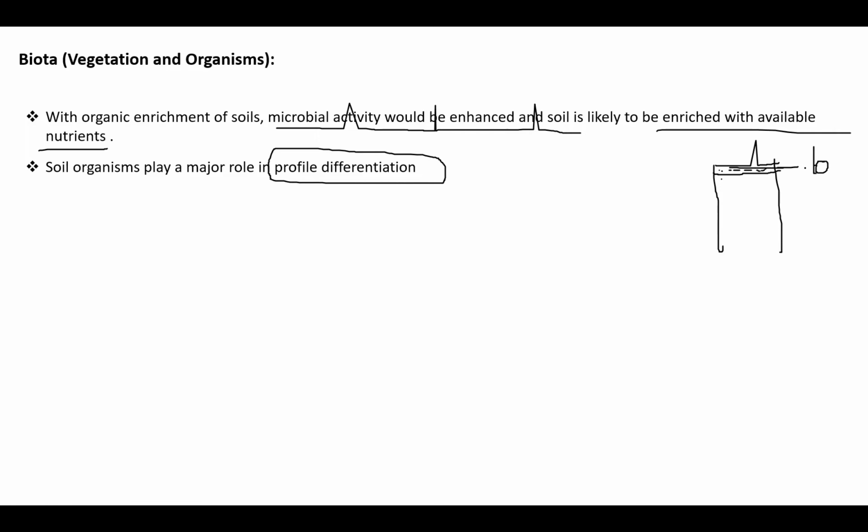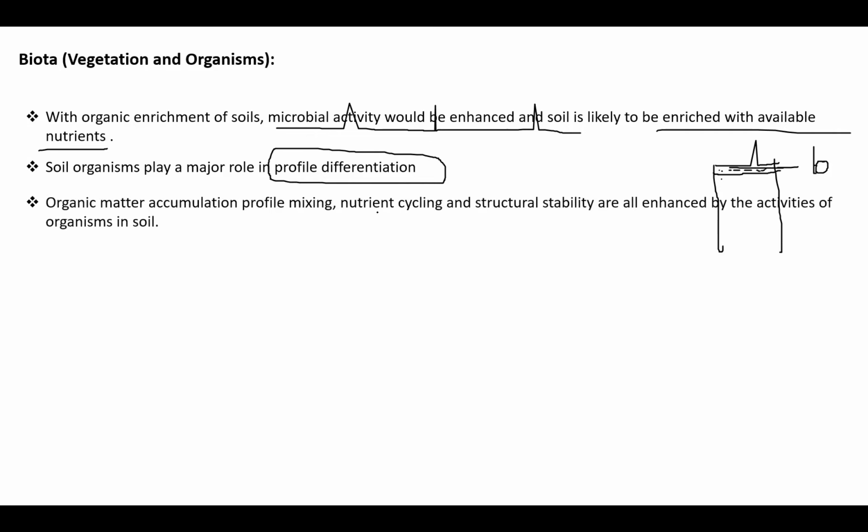O horizon means the horizon which is rich in organic matter. Organic matter accumulation, profile mixing, nutrient cycling, and structural stability are all enhanced by the activity of organisms. So this is an important property which influences profile development and nutrient cycling, and sometimes it will influence crop development also.